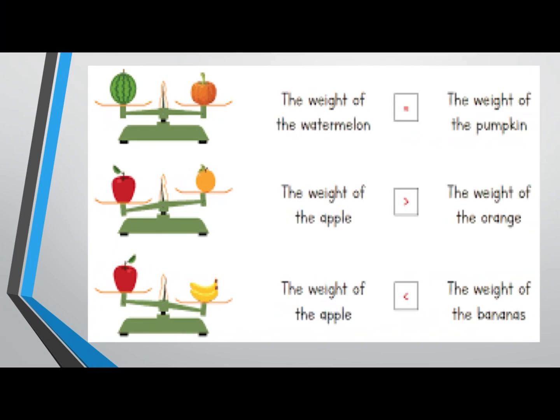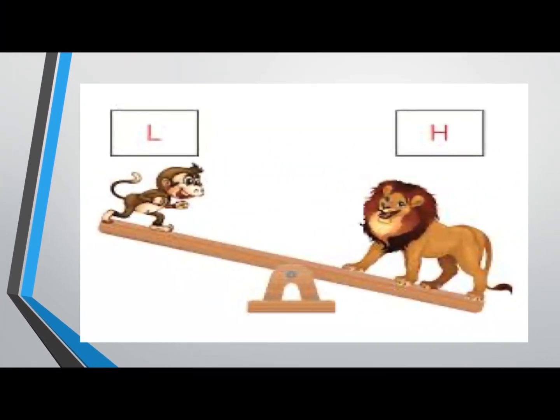I have kept an apple on one side and 2 bananas on the other side. It is clearly visible that the side with the 2 bananas is coming down. That means the weight of the apple is less than the weight of the bananas. So it is a very good exercise and it will help you to understand which is heavier, which is lighter.